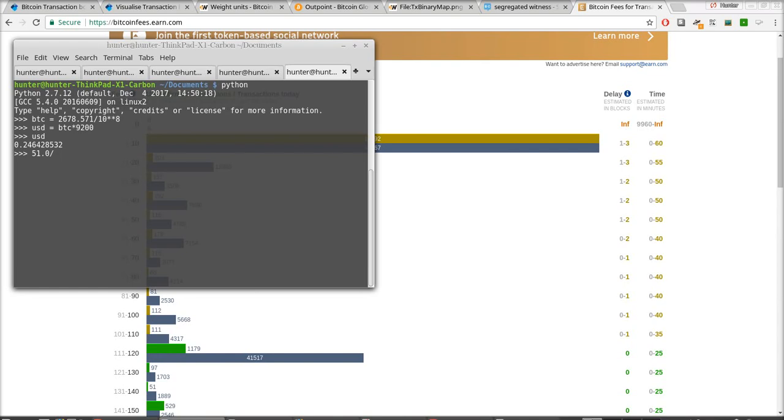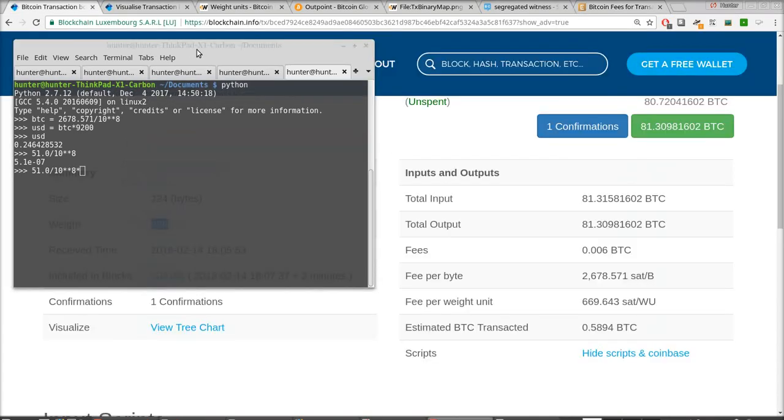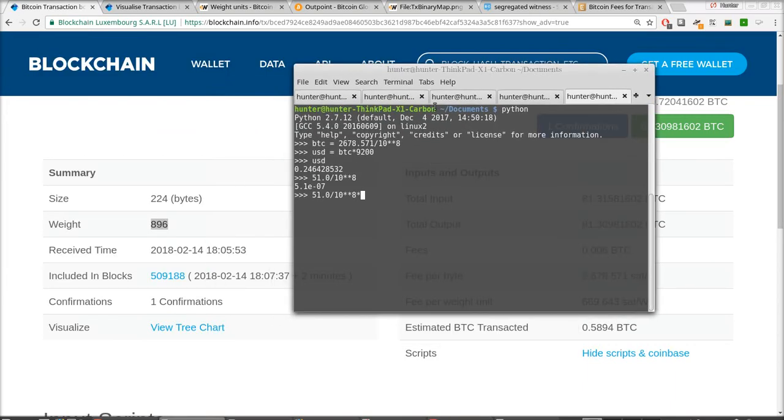So let's translate that to Bitcoin. Divide by 10 to the 8. So it's that much Bitcoin per byte, and let's multiply times the size of the transaction. The transaction was 224 bytes.